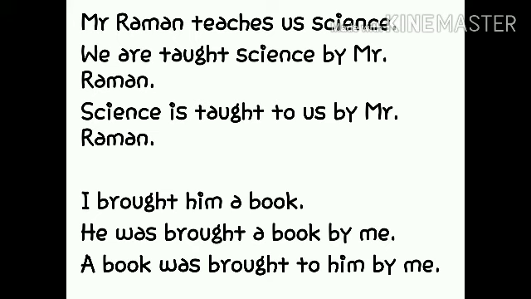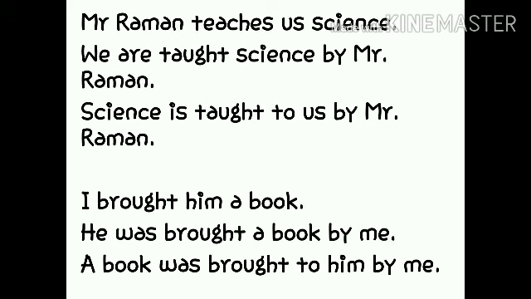Now, I brought him a book. Here also we have two objects, him and a book. We'll try with the word him first. We cannot construct a sentence with the objective pronoun him, so what is the subjective pronoun for that word? He. The verb given in the sentence is in past tense, brought, so we can use was or were plus V3.